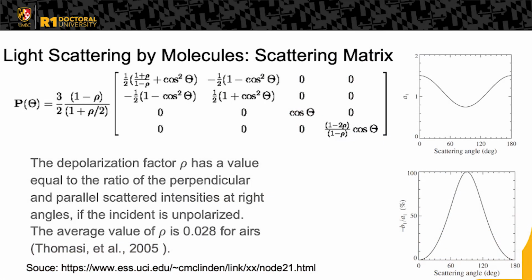And I think most importantly, you folks need to know this. The scattered light from molecules, and in the atmosphere there are so many molecules, is inversely proportional to lambda to the power of 4. So the shorter the wavelength, the stronger it gets scattered, right?